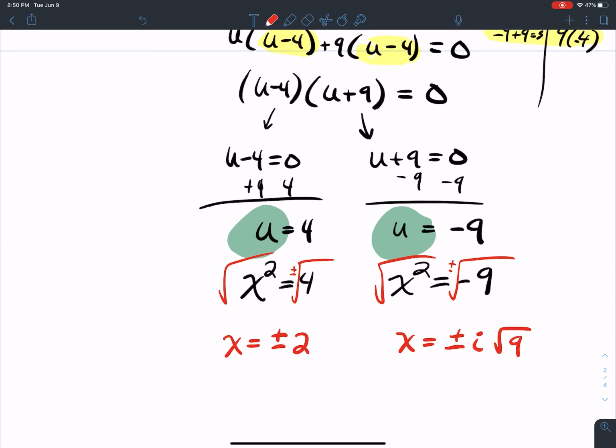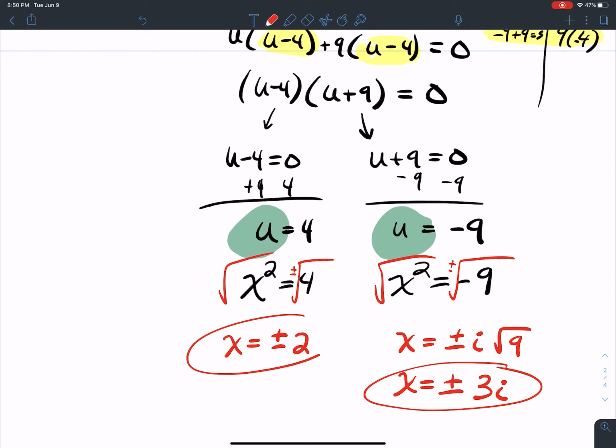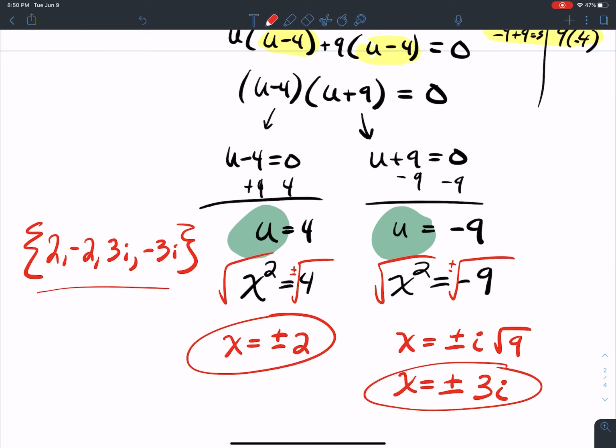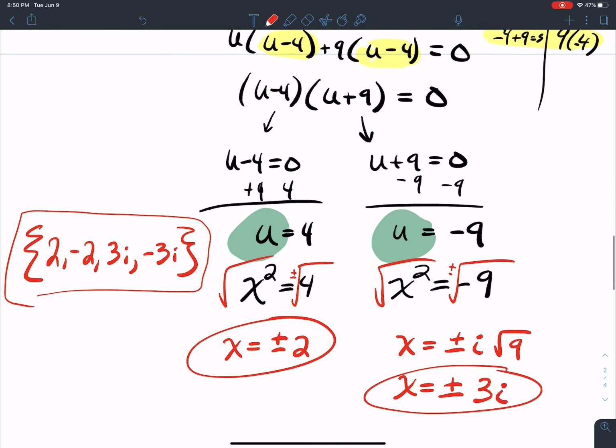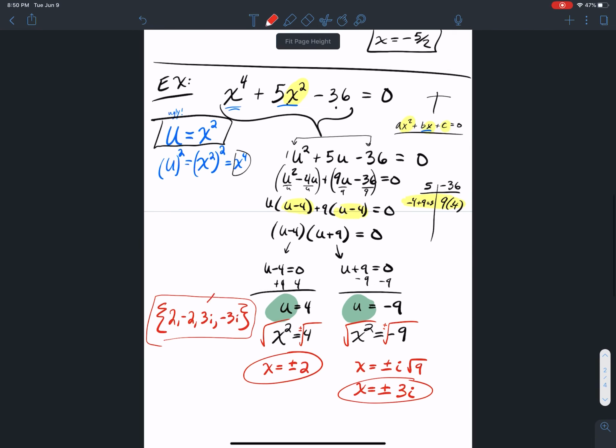Square root of 9 is 3. So x is equal to plus or minus 3i, and x is equal to plus or minus 2. So my solutions are 2, negative 2, 3i, and negative 3i. So 4 solutions for this quartic that I had up here, okay?